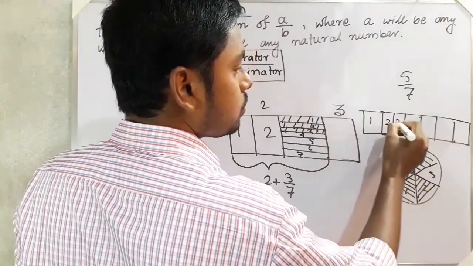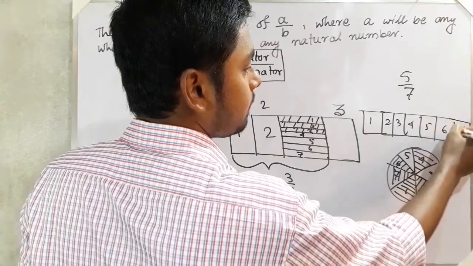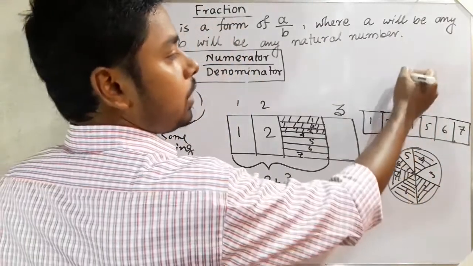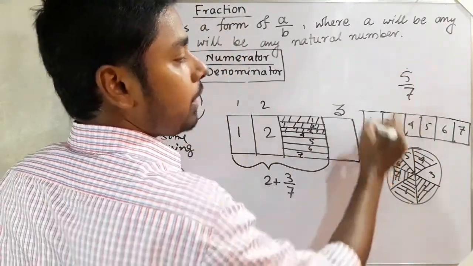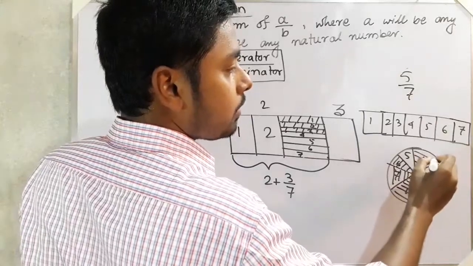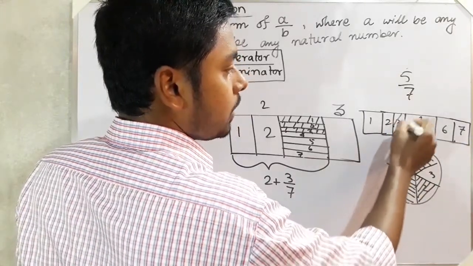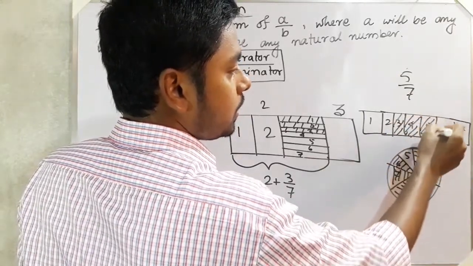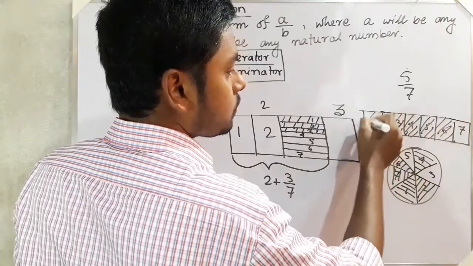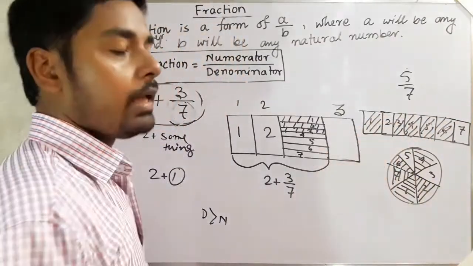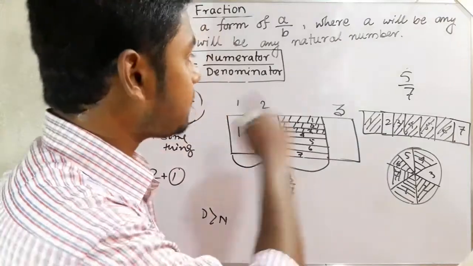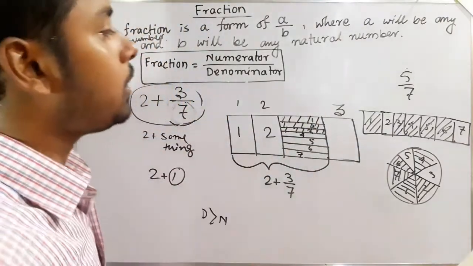Seven boxes are here. So out of 7 boxes you have to represent 5 boxes. Any 5 boxes you can represent. So 1, 2, 3, 4 and suppose 5. Any 5 boxes. So these are the actual concepts of the fraction.